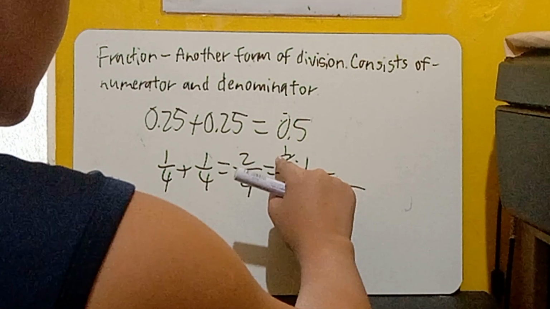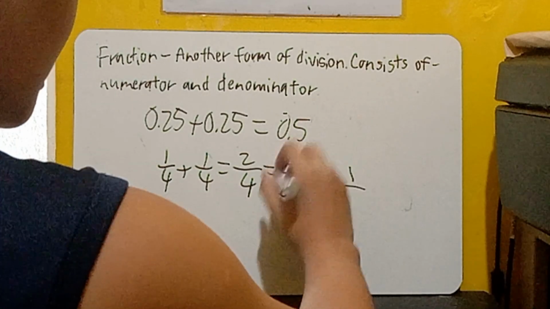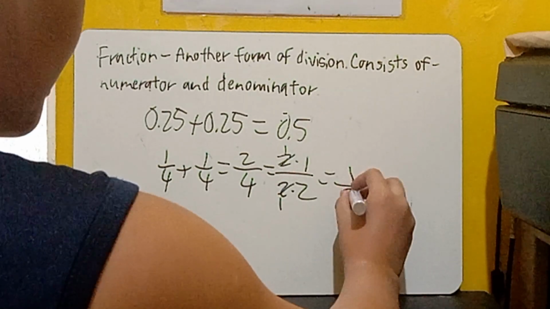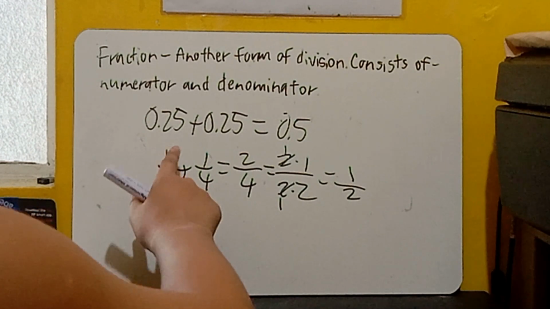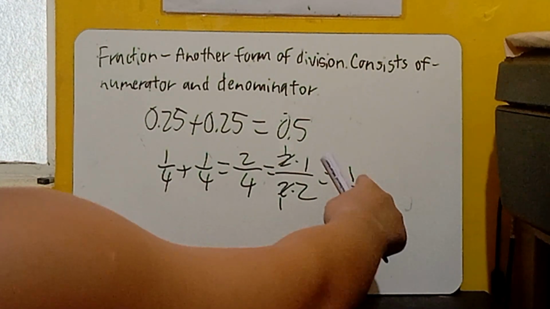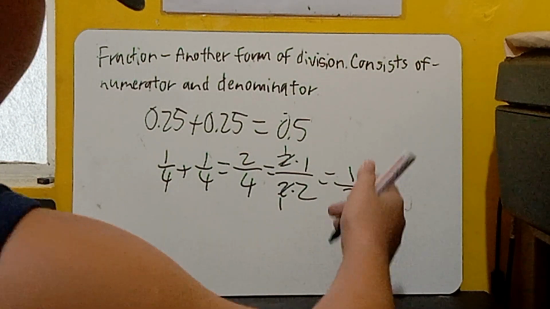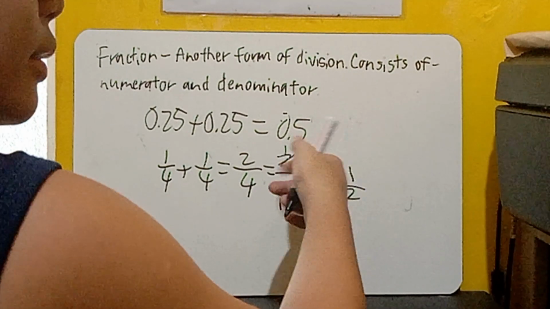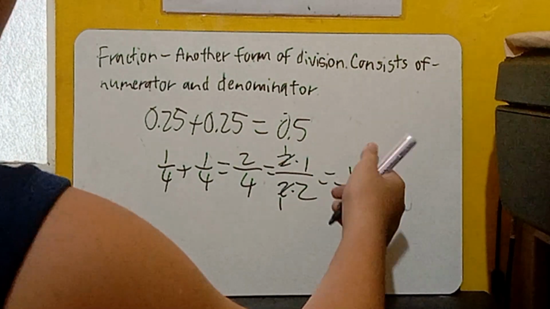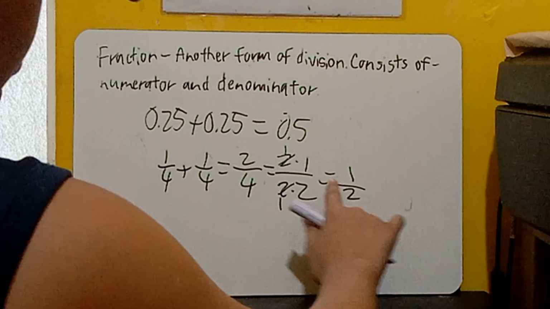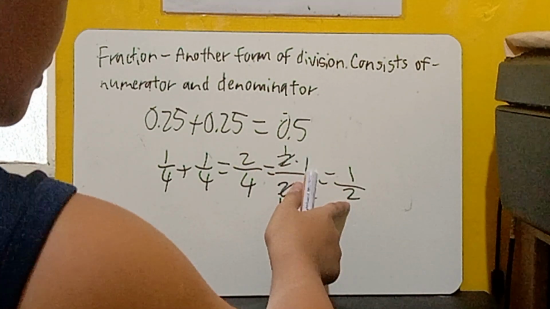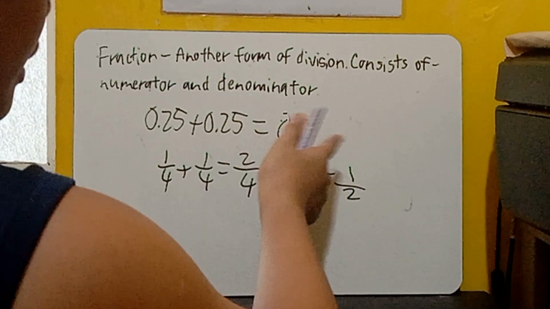So at the top here, what's 1 times 1? That's gonna be 1. What's 1 times 2? It's gonna be 2. So 1/4 plus 1/4 is 1/2. Well, if you change this into decimal with a calculator, 1 divided by 2 is gonna be 0.5.